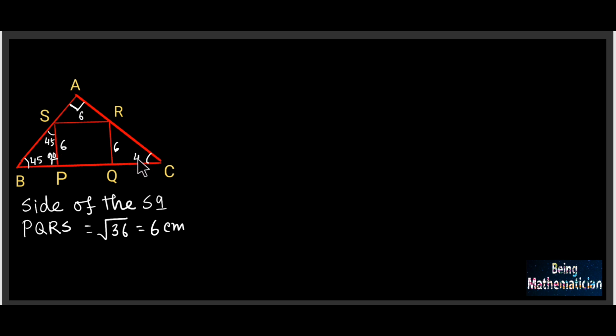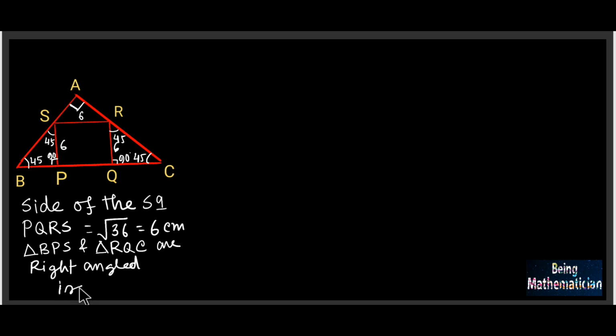Similarly, this is 45, this is 90, so this is 45. So triangle BPS and triangle RQC are right angle isosceles triangles.